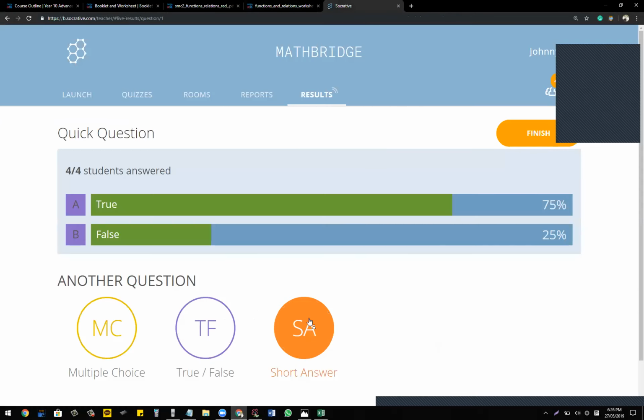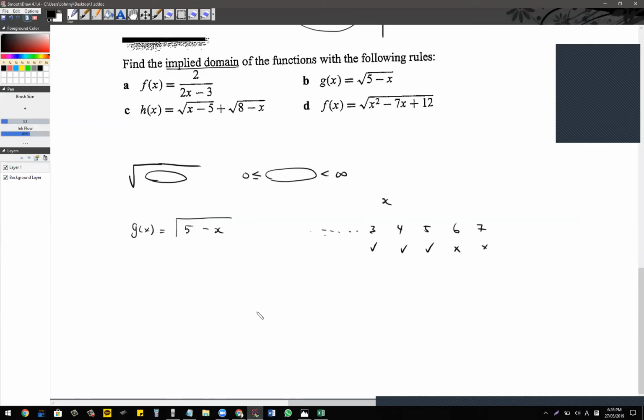So let's run Socrative there. In your own words, I just want you to figure out, okay, just give it a go. Everyone is having difficulty with domain here, but you can just give it a go. Don't be afraid of getting a wrong answer, because no one can say who got a wrong answer.